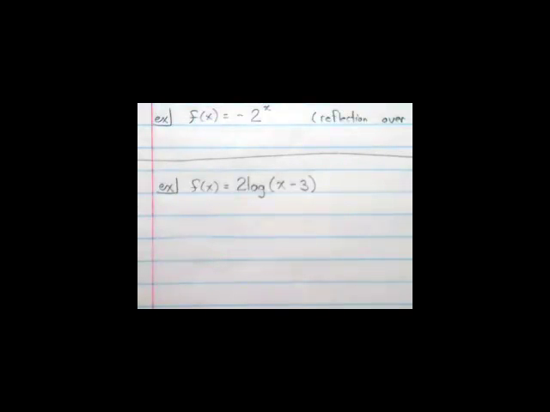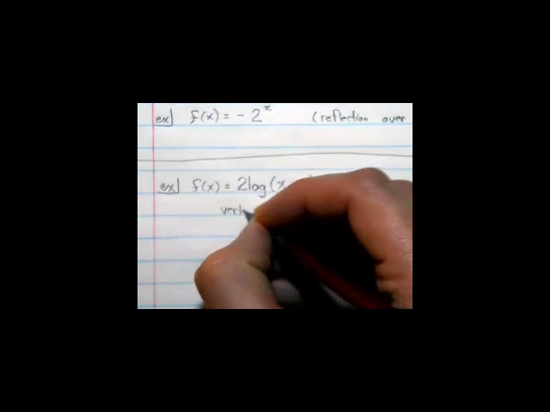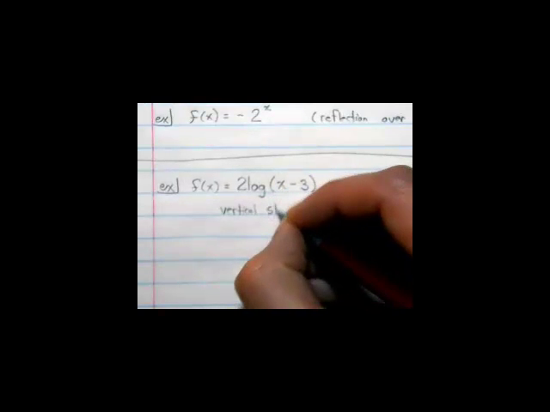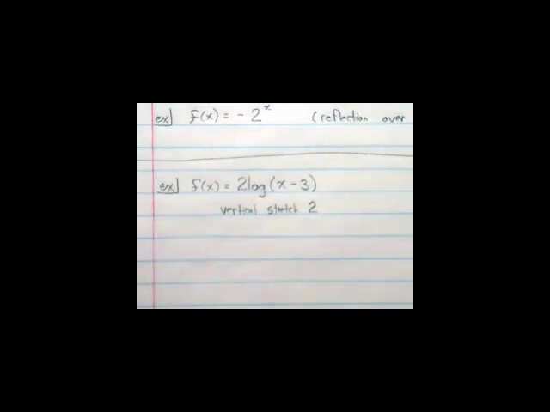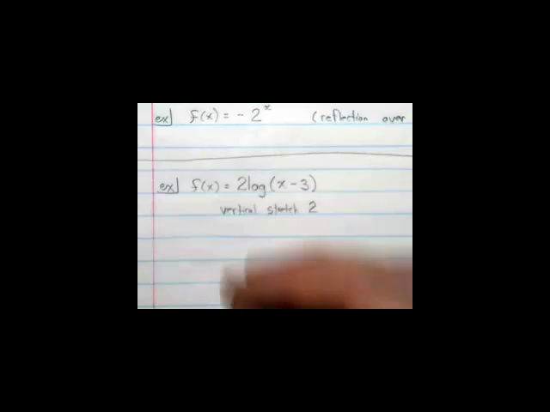So if I've got 2 log x minus 3, what's going on there? Let me just describe. So we got a vertical stretch of 2, and yeah, you would say a horizontal translation of 3, or you can just say goes to the right 3. That's fine.